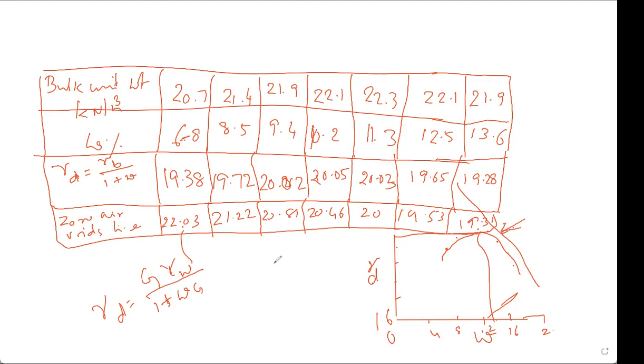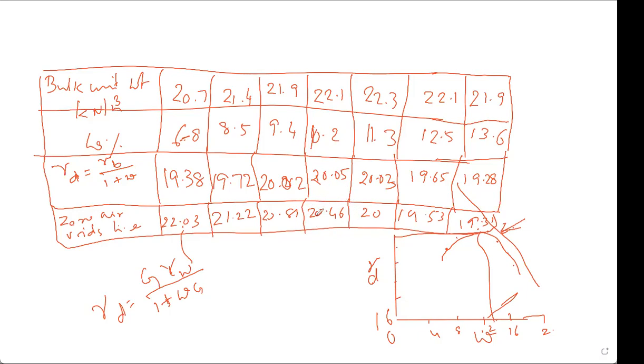Then the last part is to find the percentage of air voids at maximum OMC. You have already found that. Maximum compaction, where did we get it? 20.05, right? This is the value.